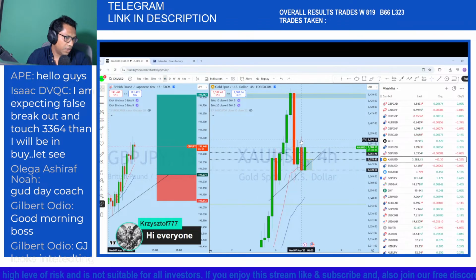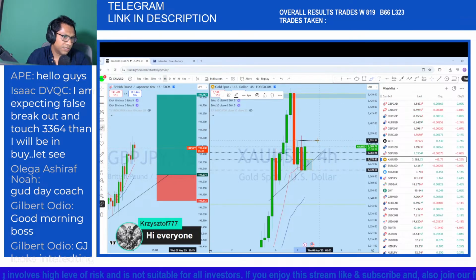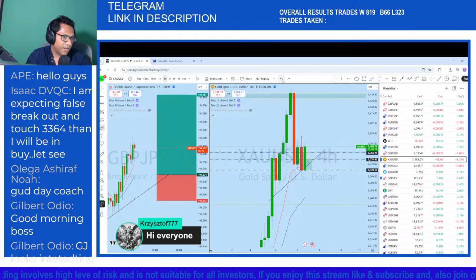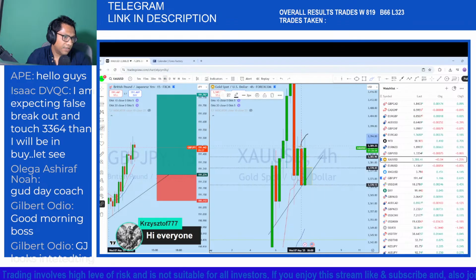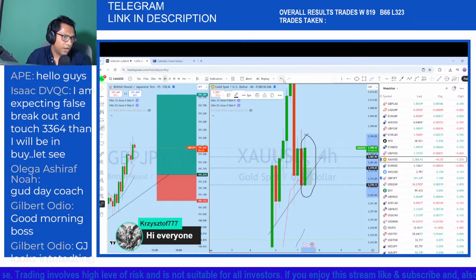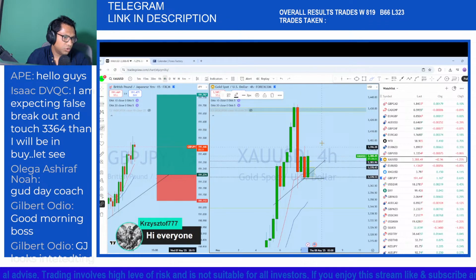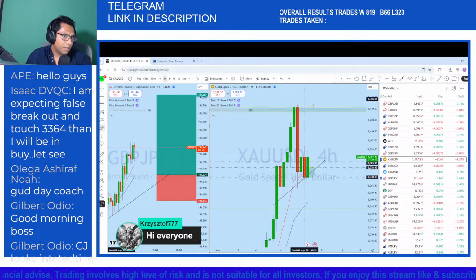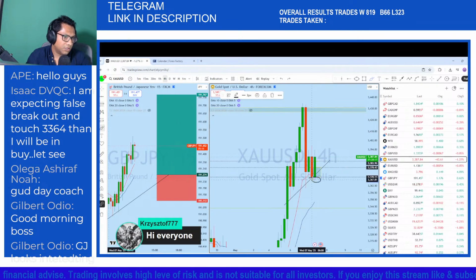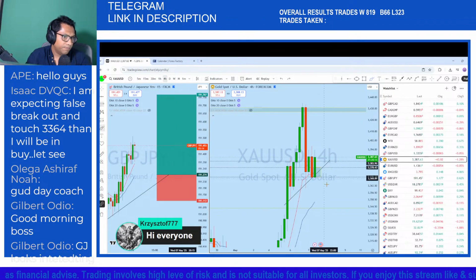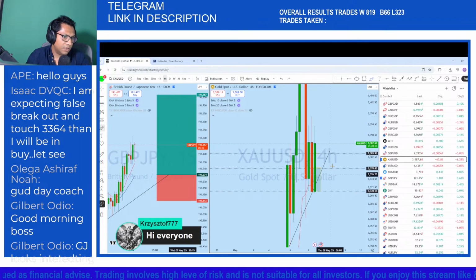This is the London session candle. The first one on the Asian session, after the break of this high, it started to trend back down. After the London session, this is the NY candle. That one also, as soon as it closed back below, it started to trend upside.